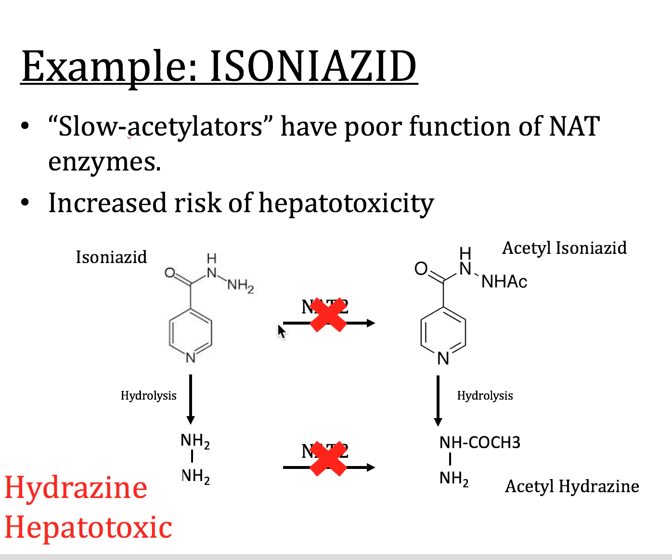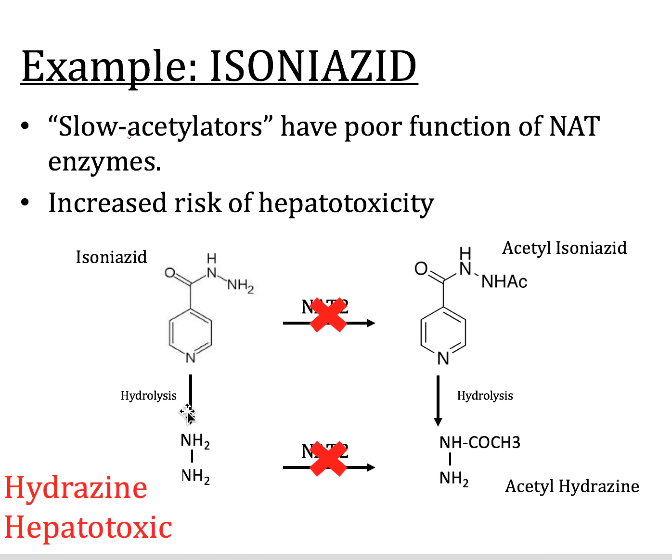Now, if you look at this diagram here, if it was to be acetylated by NAT, it would go on to form acetyl isoniazid, which is this one here, and then it can be hydrolyzed. But if it's not, it usually stays like this, and hydrazine is hepatotoxic.